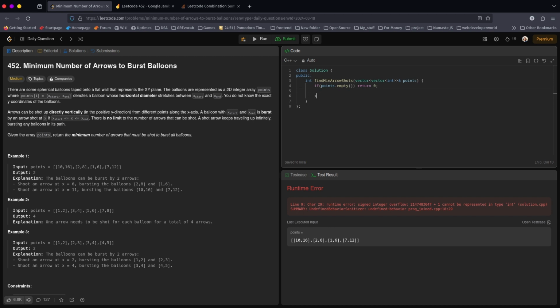Now I will sort my array so that I can find which are overlapping. Here I use a lambda function for the comparison.